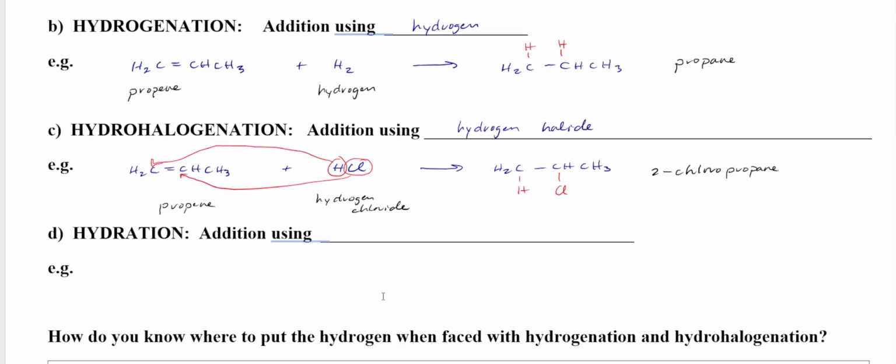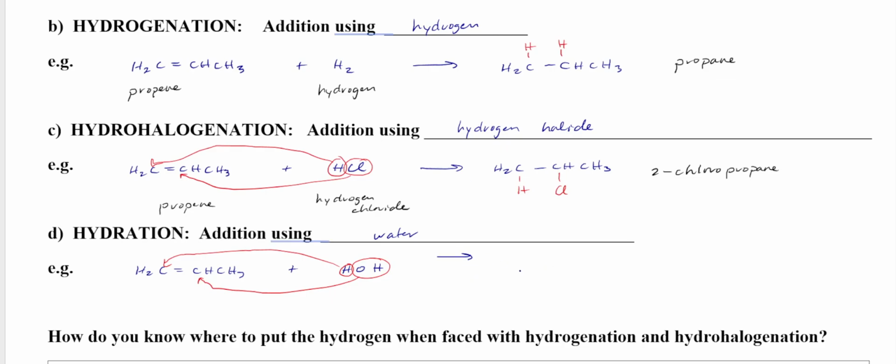All right, hydration. That's the addition using water. So I'll draw out my propene again. H2C double bond CH, CH3. And in this case right here, I'm going to write HOH. And the reason I'm doing that is because, again, the H always goes to the carbon with more H's, and the OH goes to the carbon with fewer H's.